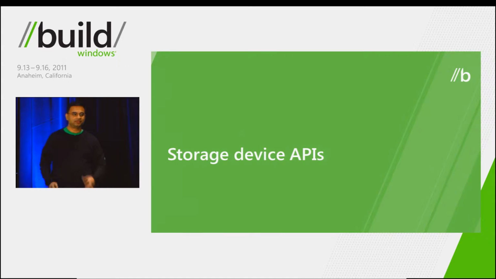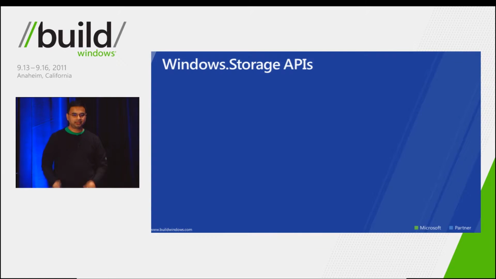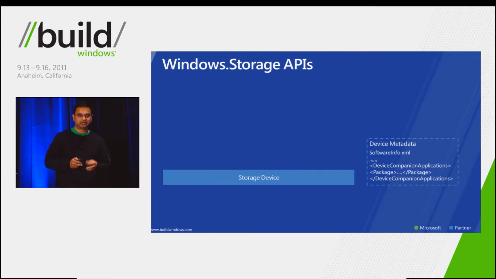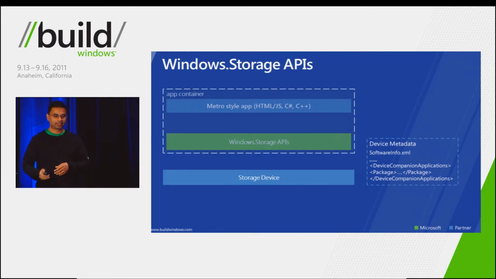If the custom specialized device is a storage device, then the stack is even simpler. So we have the storage device. It could be implementing the USB mass storage class protocol, and so the class driver would load. The device metadata contains the companion application section, which allows the system to download the right app.